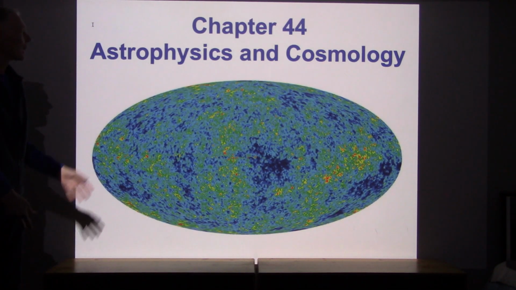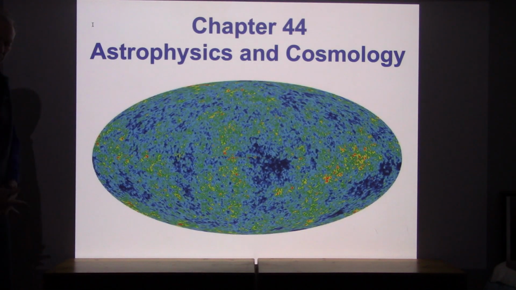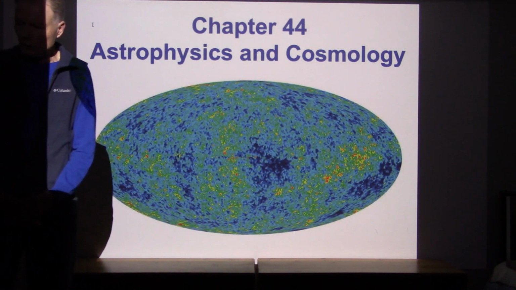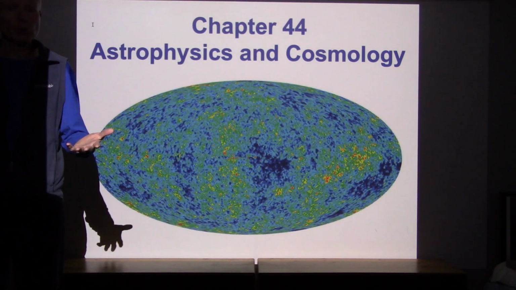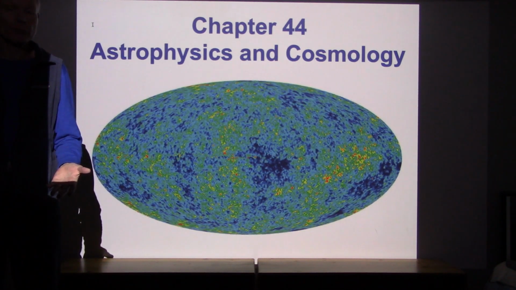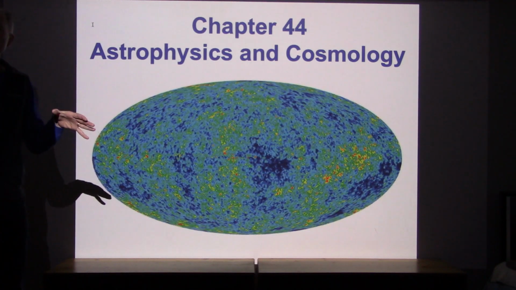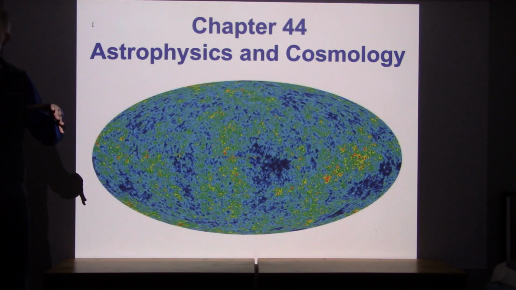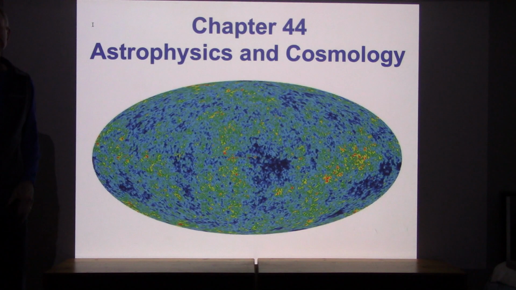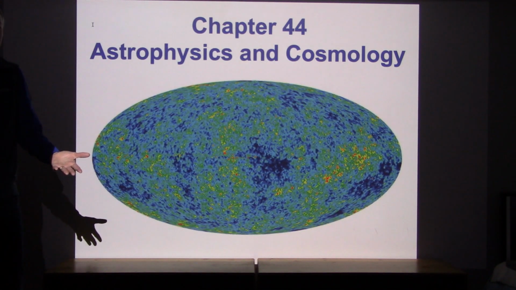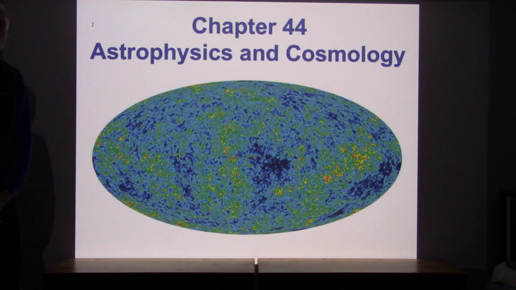Now, since that time, there's a leftover distribution of microwave energy photons that fill the entire universe. And since that initial state was so uniform, it looks just like the photon distributions we looked at in chapter 37.